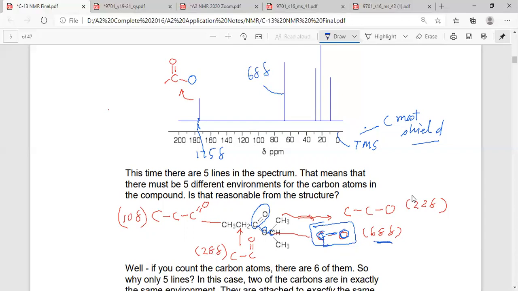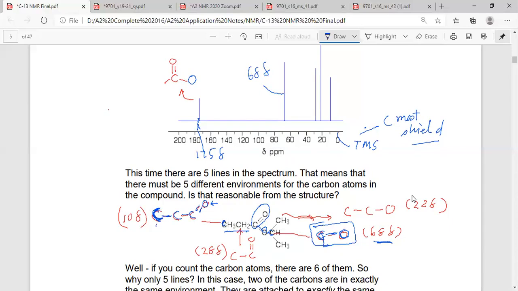Now come the other 3. Now remember, you see the distance it has got. This carbon here, carbon to another carbon to a double bond here. Now this is the only electronegative group that can pull the electrons from this carbon.